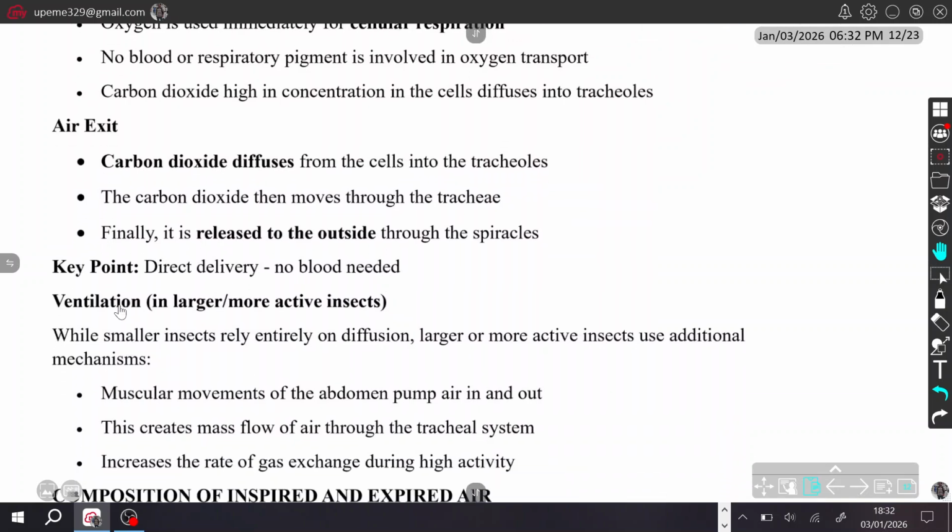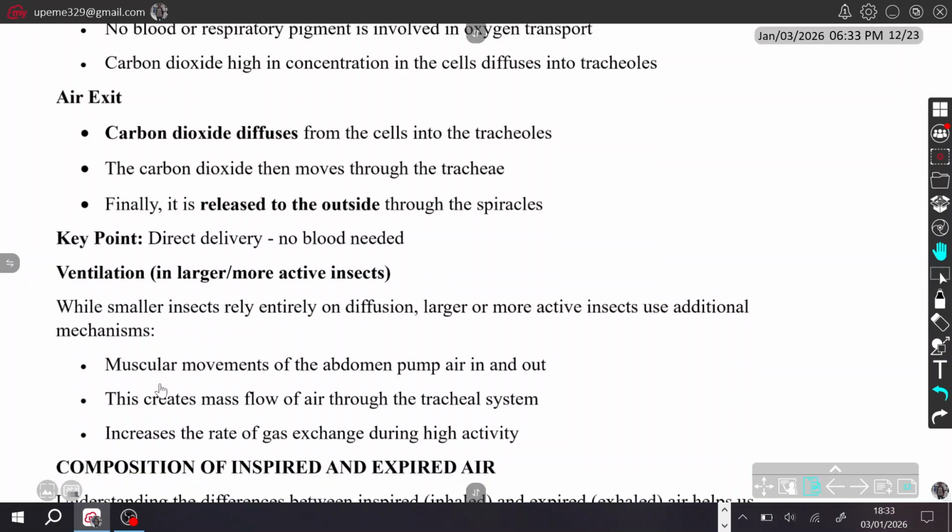So now we talk of ventilation in larger or more active insects. We are saying this is the same breathing process. While smaller insects rely entirely on diffusion, larger or more active insects use an additional mechanism: muscle movements of the abdomen pump air in and out.